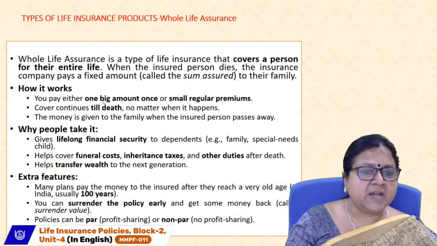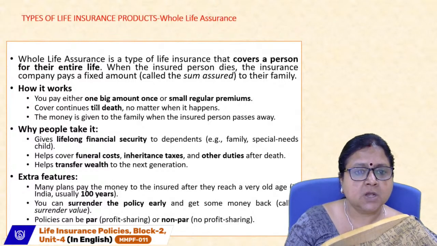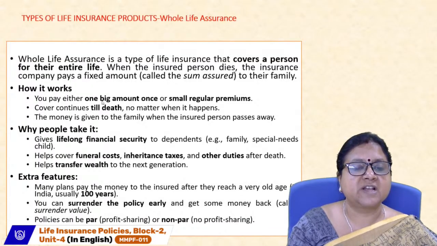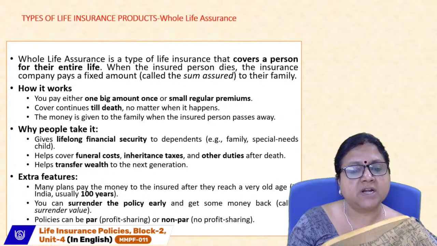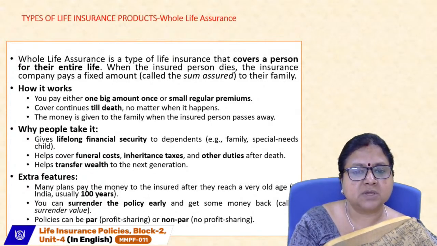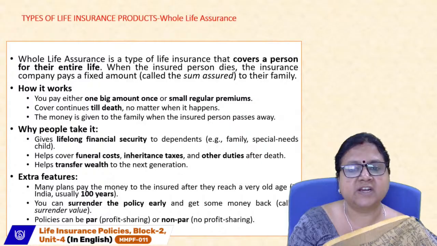So you pay either one big amount once or small regular premiums. At a time, a person can pay the entire amount of 5 lakhs or 10 lakhs, or premiums can be paid at regular intervals. That means you can pay the premiums maybe every month, maybe quarterly, maybe yearly. The premium can be paid annually, and it covers till the death, no matter when it happens.